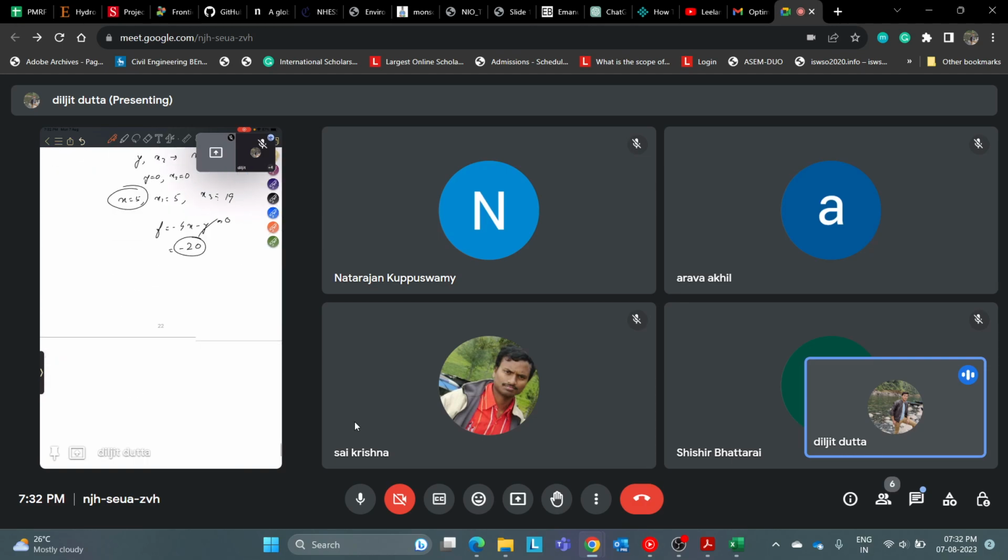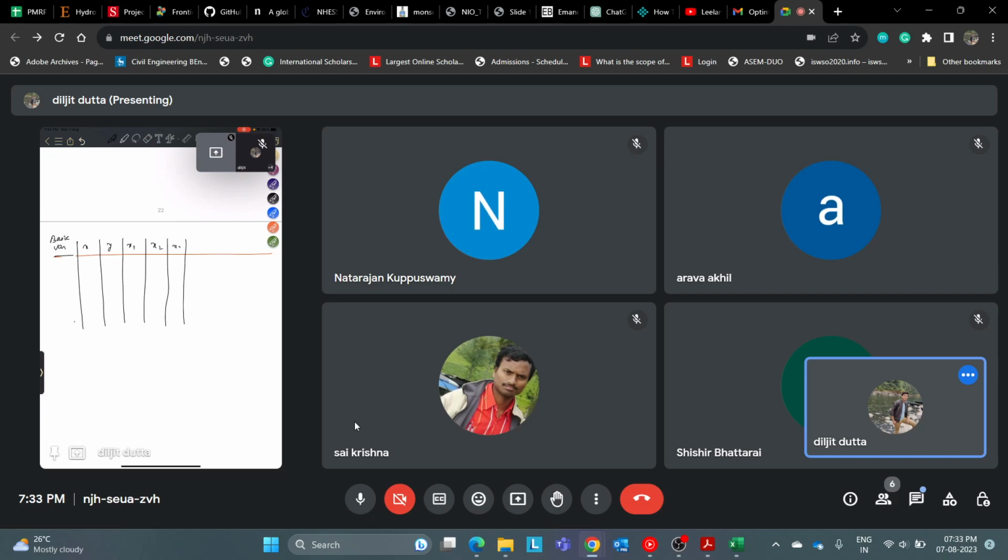So y will go into x3, so we'll write the simplex table in that way. X, y, x1, x2, x3, f, b, and b by a.